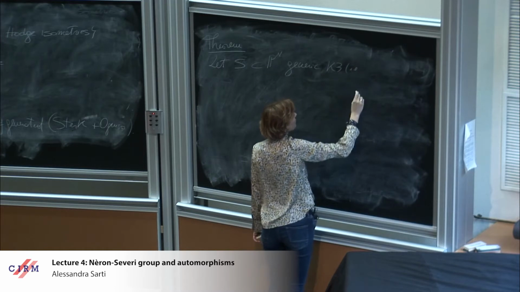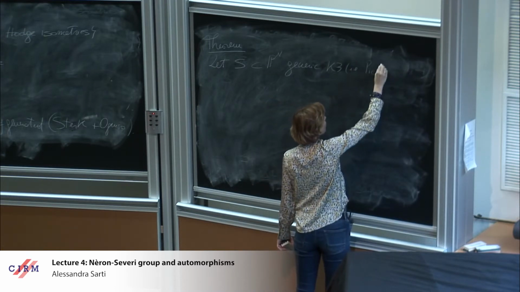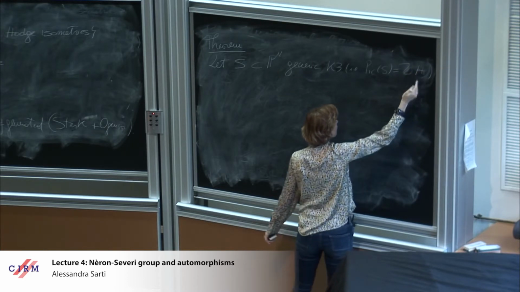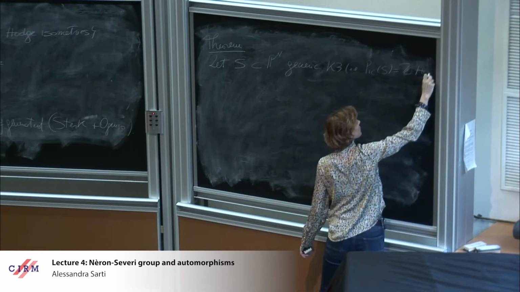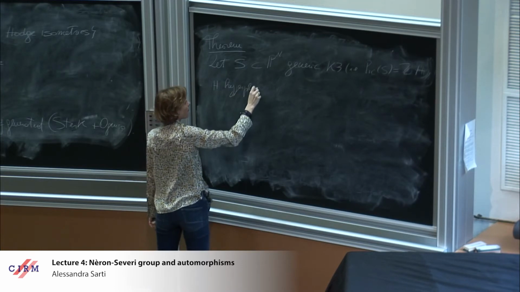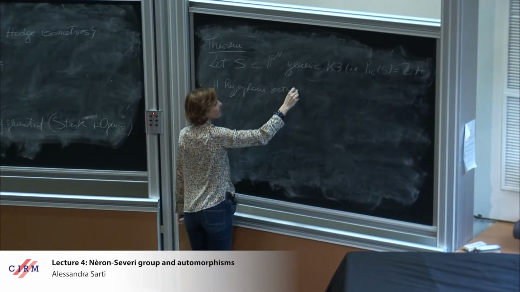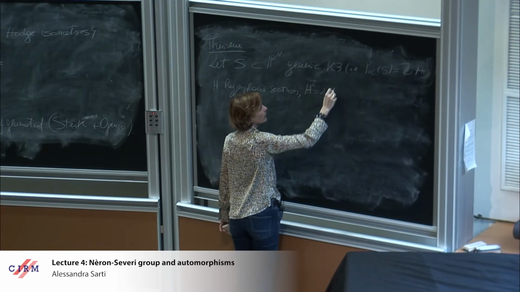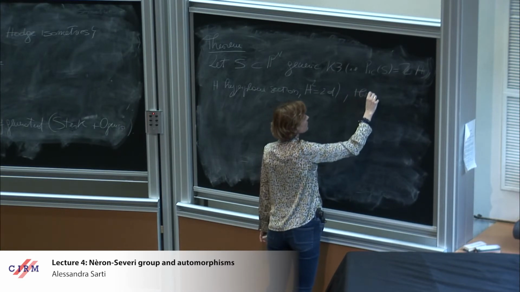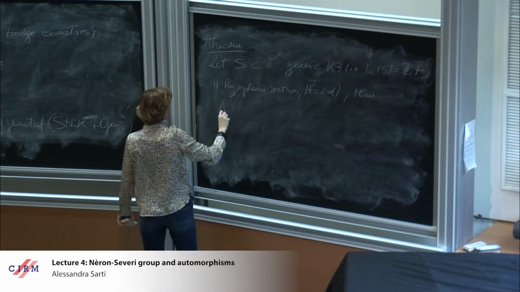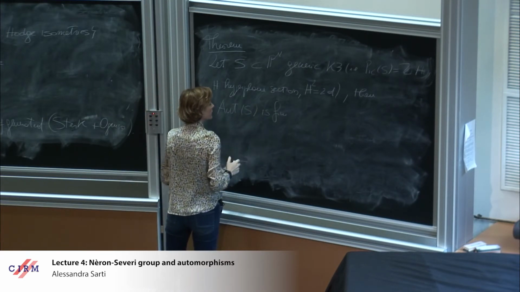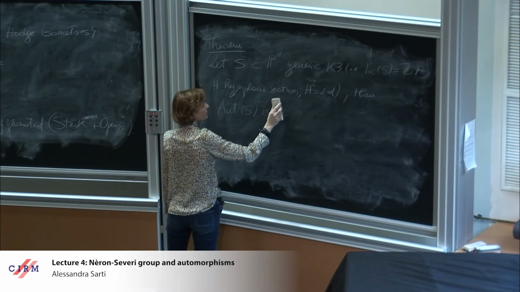This means that the Néron-Severi group, or the Picard group, of S is ZH, where H is the hyperplane section, with H squared equal to 2D. Then Aut S is trivial.